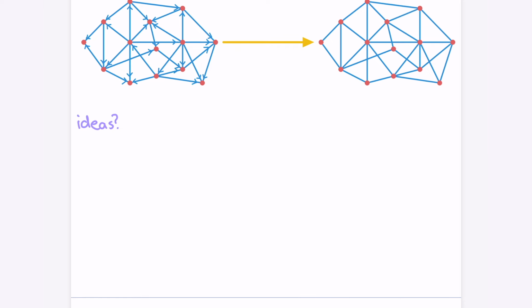So let's say that you forget all the directions and you feed it to your black box and it says, well, if you're not worried about directions, then there is a Hamiltonian path. What does that tell you about the original graph? It doesn't necessarily tell you that there's a Hamiltonian path in the original graph. It is true that if the black box said no, then there would be no, but yes does not mean yes. So we'll have to be a little bit more clever than that.